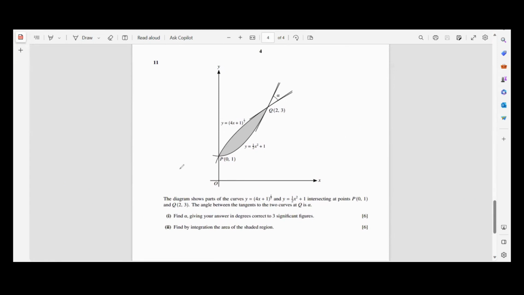Okay, we have this picture. Find the alpha.